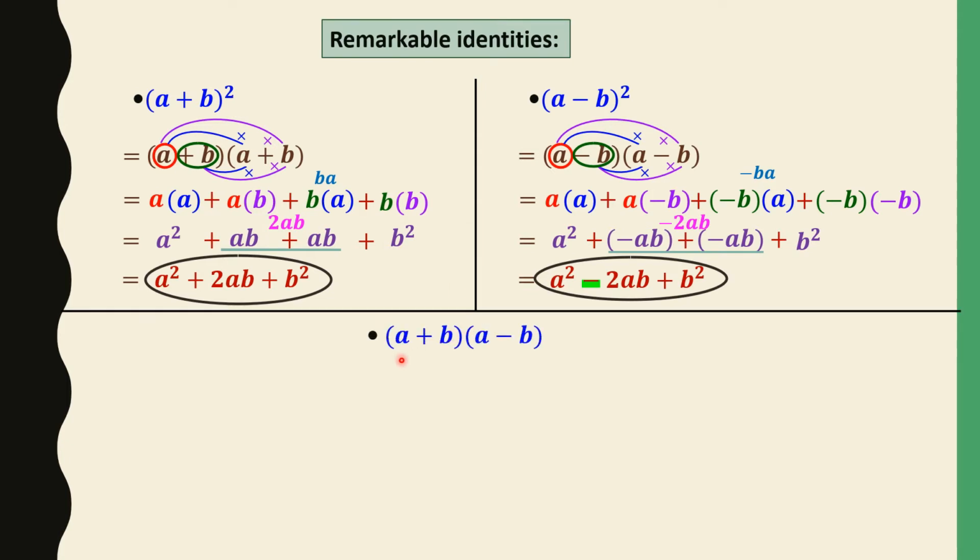Now the last remarkable identity, a plus b into a minus b, it's the same as a minus b into a plus b. Here also we have the product of two binomials. Let's expand it and see what we will obtain. So it's equal to a times a, then we multiply a times positive b.